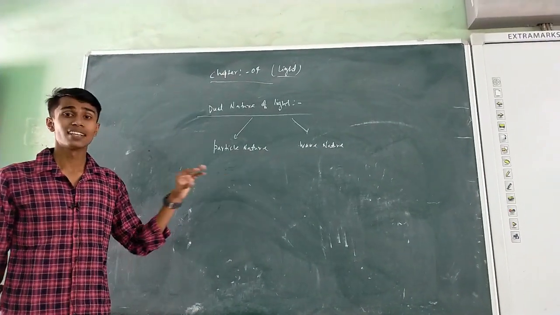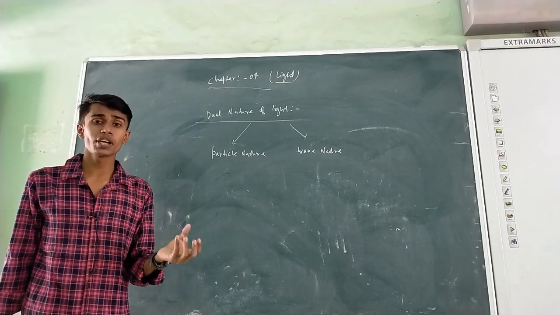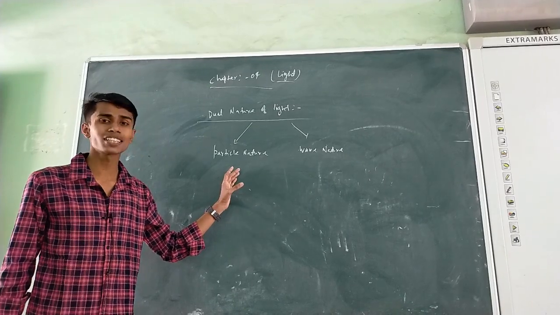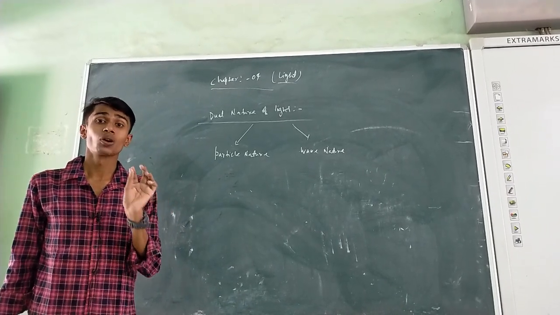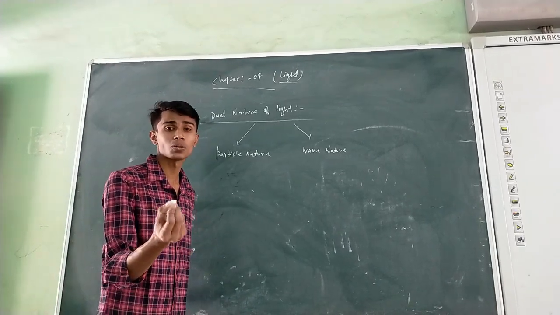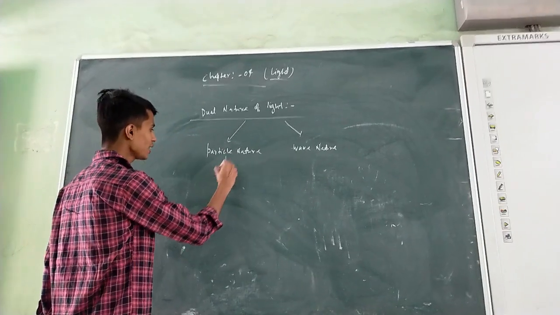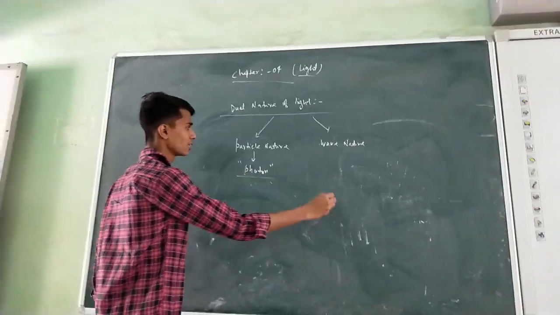In particle nature, light is considered to be constituted of small microscopic particles. What is light made of? According to the particle nature of light, light consists of small microscopic particles called photons. The scientific name of those microscopic particles that constitute light is photon.